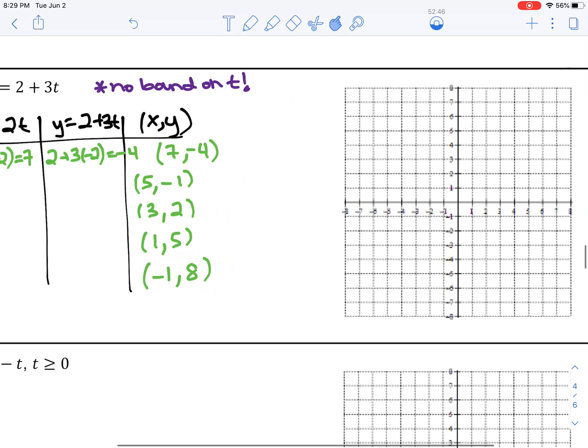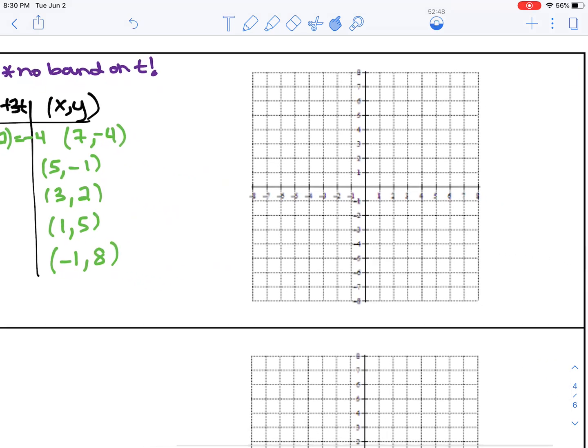And so, linking back to something I was saying earlier, these are all pretty reasonable points to plot on a grid that goes from negative 8 to 8 on our x-axis and negative 8 to 8 on our y-axis. Again, if plugging in any of these t values had resulted in a point like 50, 27, we might want to readjust what we're plugging in for t.